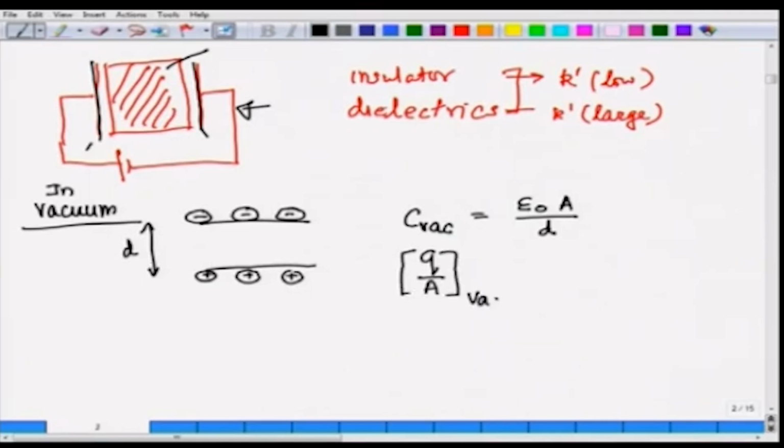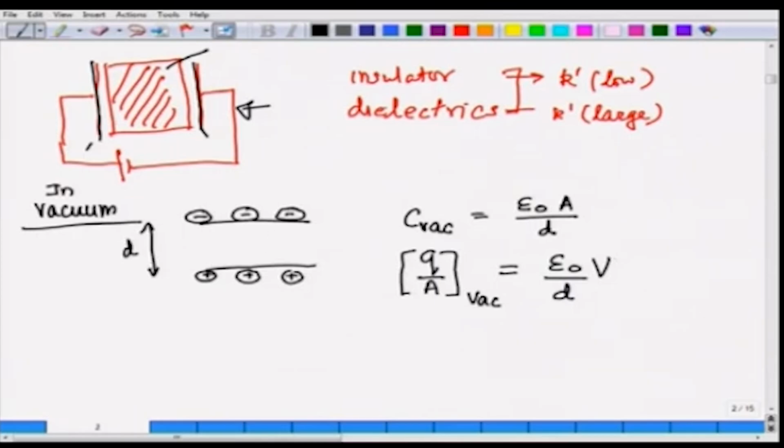In vacuum, what happens? The total amount of charge which is accumulated on the plates will be Q, that will be given by C times V, but I am writing Q by A. Charge per unit area is what I am writing. So I am going to write capacitance per unit area, which I am going to write therefore as epsilon naught over D multiplied by V. That is the quantity I am going to write.